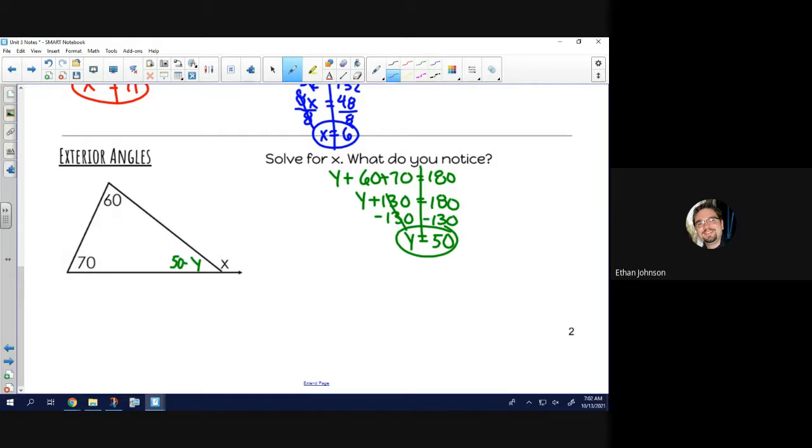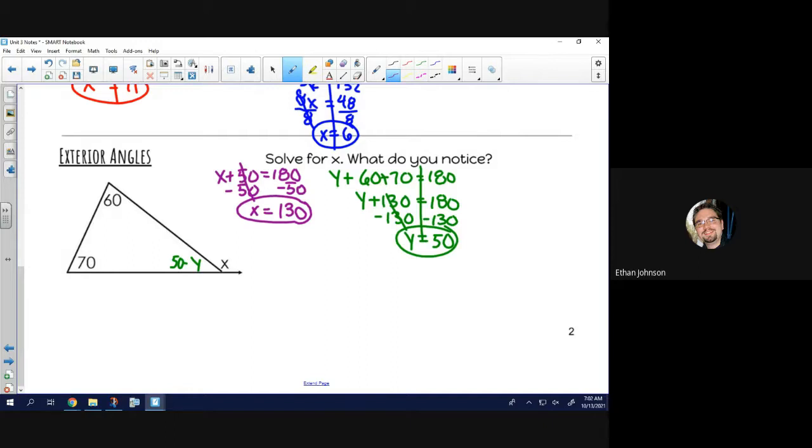Not only that, but we know that the x and the y are a linear pair. They're right next to each other and they add up to 180. They're supplementary. So I'm going to say x plus that 50 equals 180. Subtract 50 from both sides. X equals 130. Now, didn't we say 130 before in this problem?